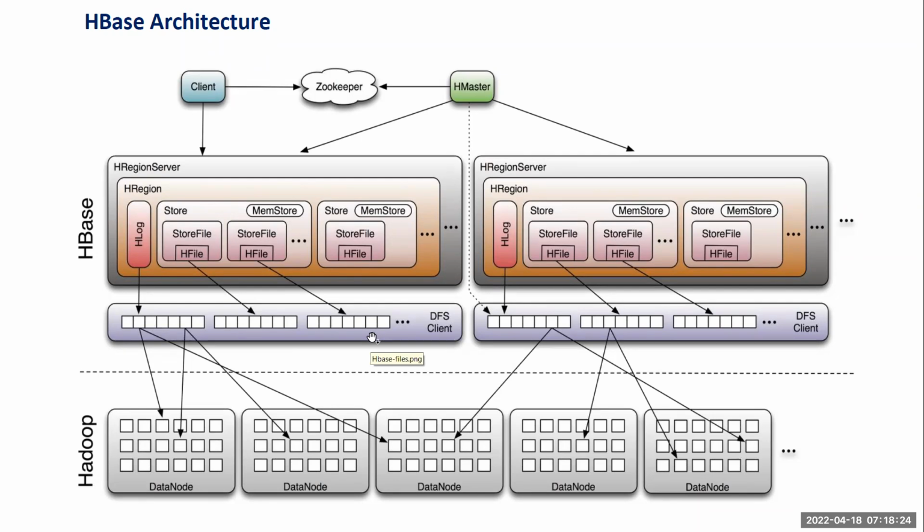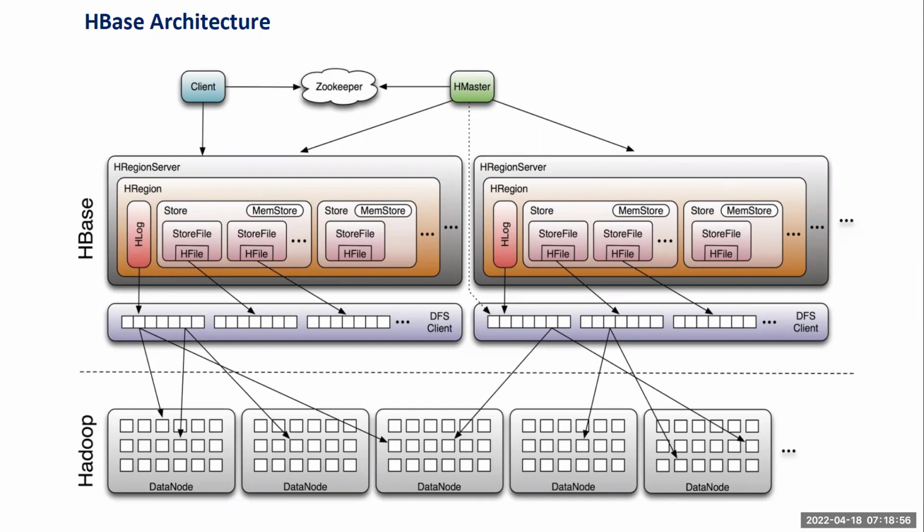Understood? So at the end of the day, whatever data you insert into a region is first recorded in the HLog. Then it will be stored in the respective store, which has a MemStore. Your data stays in the MemStore until it reaches 128 MB.